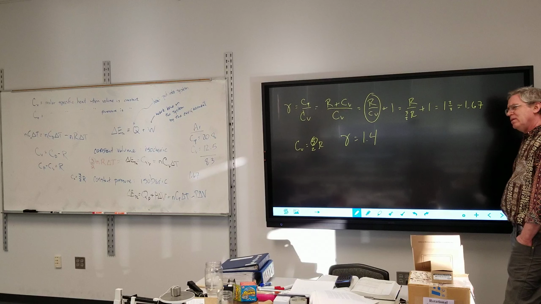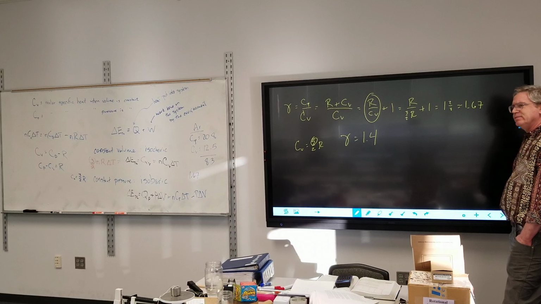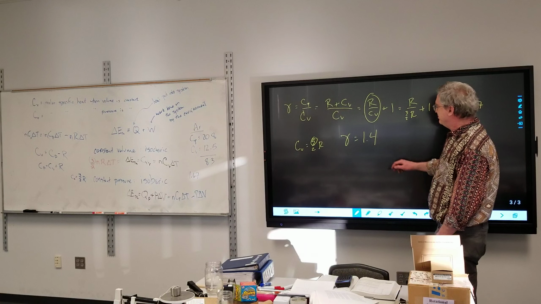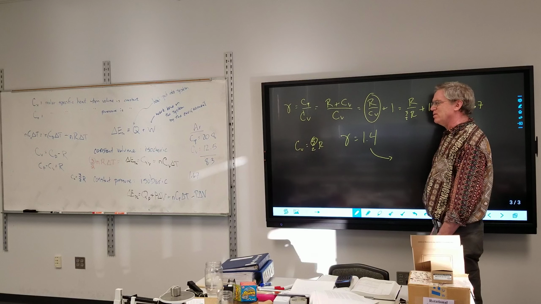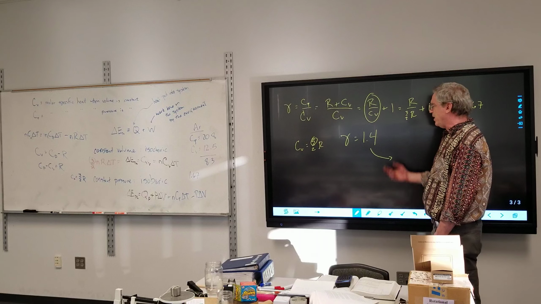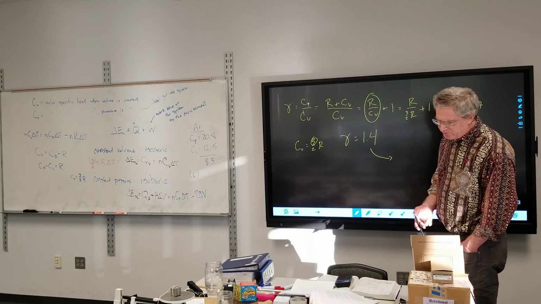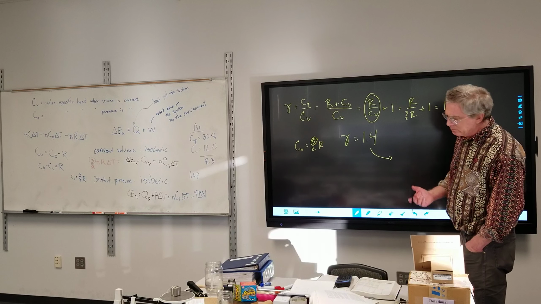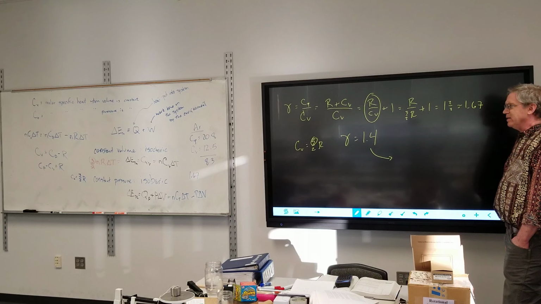Except, when you take a diatomic molecule and you get it hot enough, this number changes. It works great at room temperature, but it does not work particularly well at high temperatures.